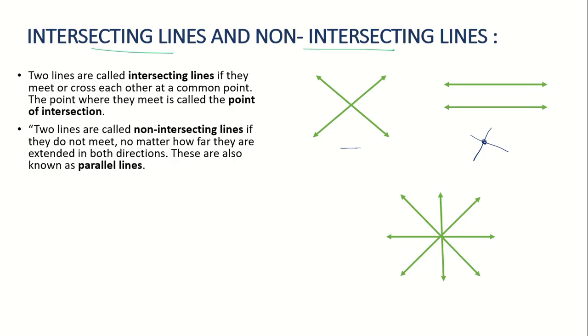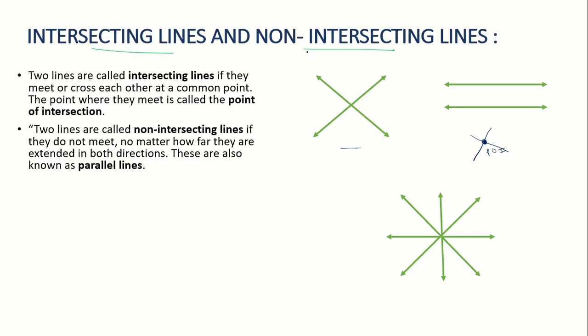They meet at a center. So two lines meeting at a center are called intersecting lines, and this point is called the point of intersection.